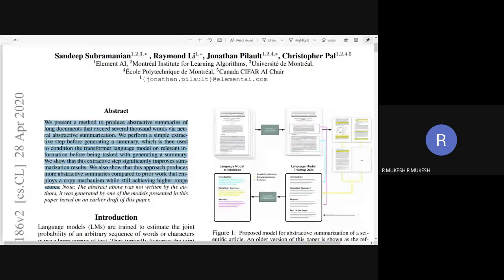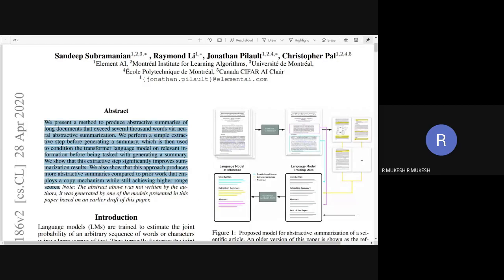Although it is hard and the performance of abstractive summarization models may not necessarily be very good, it is a very interesting area where models are reading through documents and are able to produce summaries and abstracts, right?